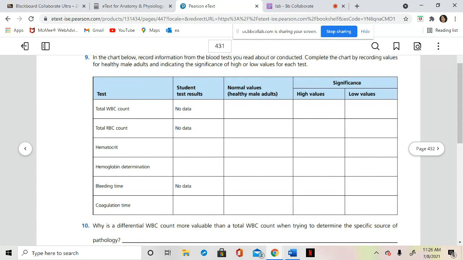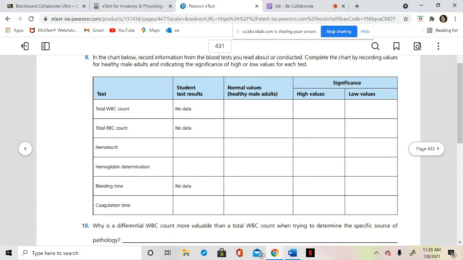Bleeding time, it depends, it's usually between 2 to 7 minutes. More than that, this is deficient or abnormal platelets, because the platelets are involved in the coagulation. But if it coagulates quicker, I mean less than 2 minutes, that means high platelet count.